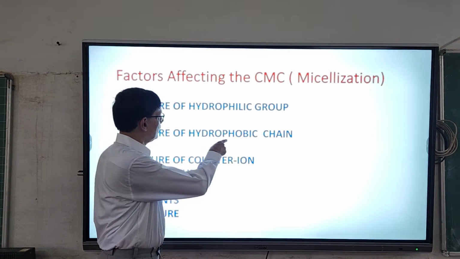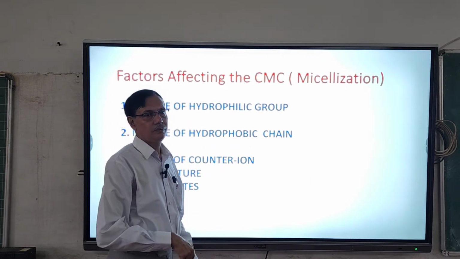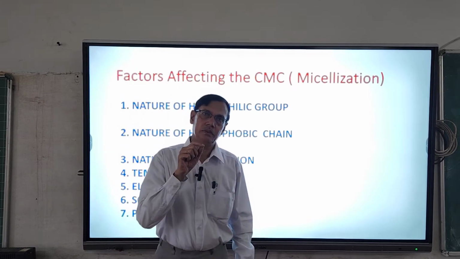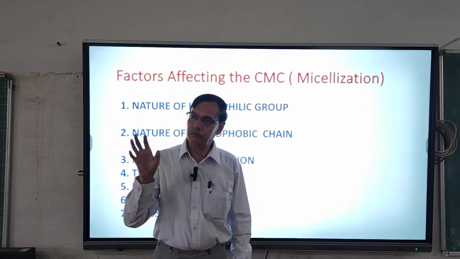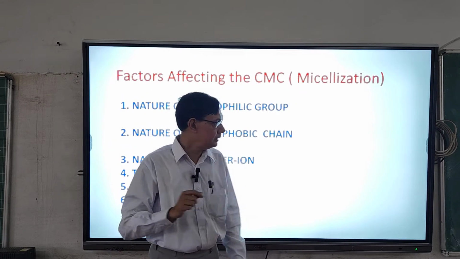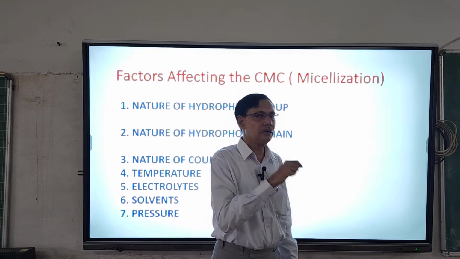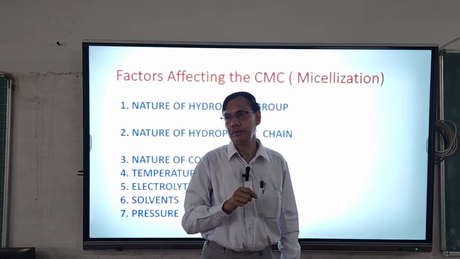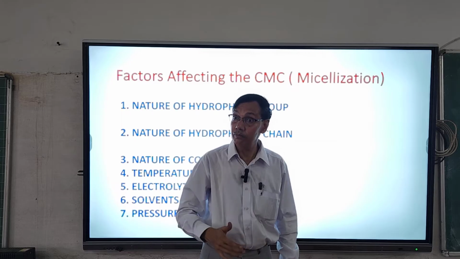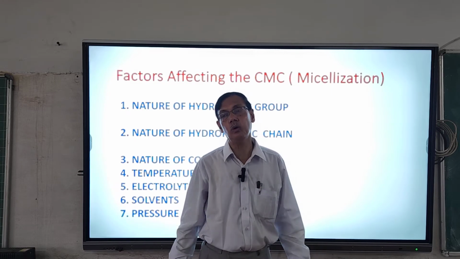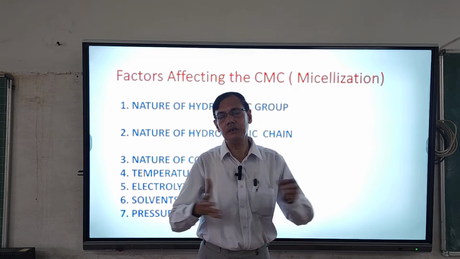Then similarly, the nature of the hydrophobic chain. Suppose you are using cetyl trimethyl ammonium bromide, C16, then tetradecyl, C14, then dodecyl, C12. You will be surprised to know that there is a tremendous change.